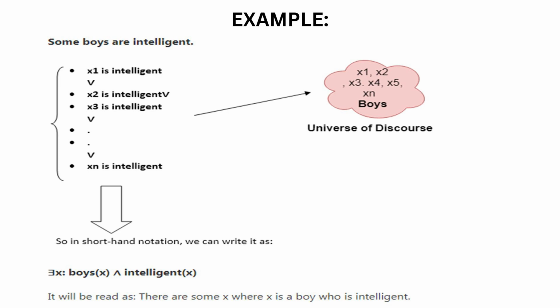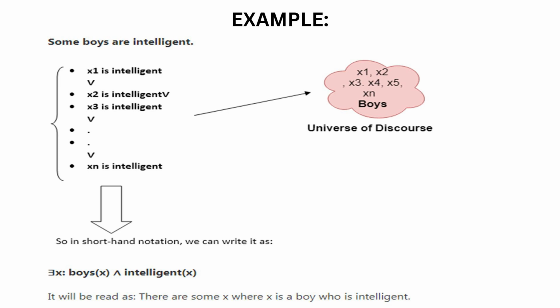So, the breakdown of the representation will be the existential quantifier meaning there exists an x, and the remaining part, which is b of x and i of x. This part asserts that there is an individual x who is both a boy, b of x is true, and intelligent, i of x is true. So, in first order logic, "some boys are intelligent" can be represented as there exists x such that b of x conjunction i of x.